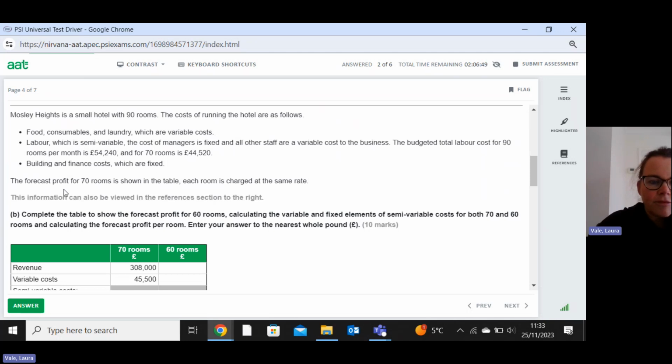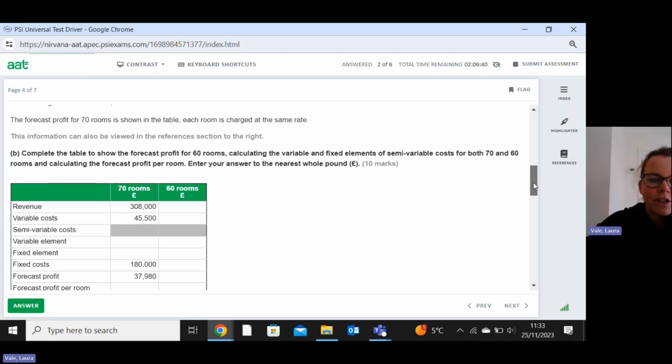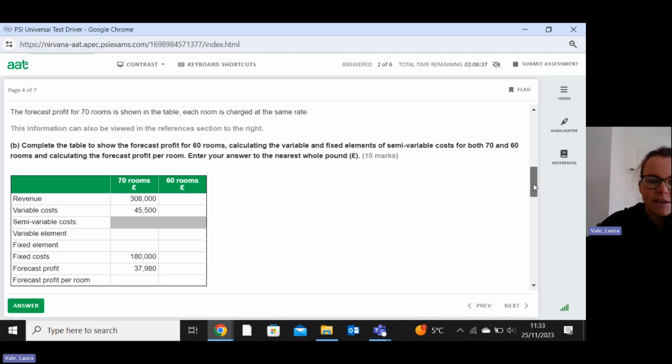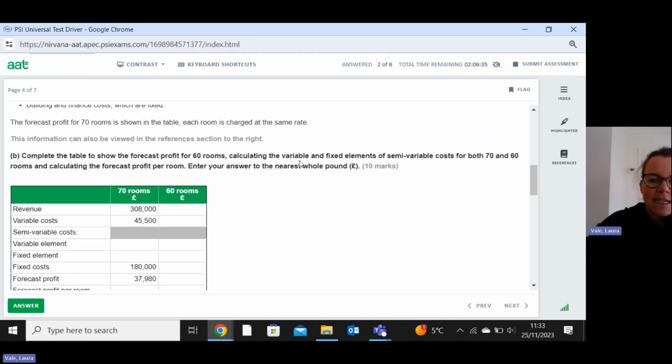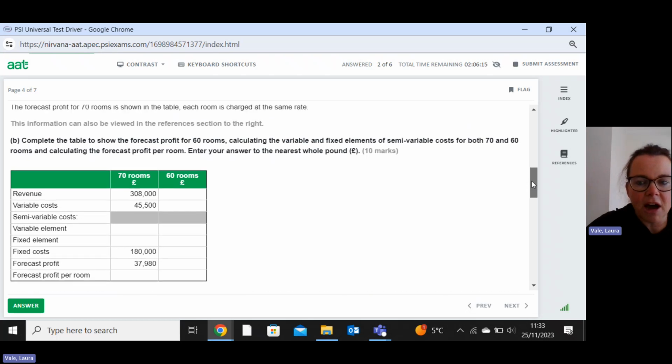The forecast profit for 70 rooms is shown in the table, and each room is charged at the same rate. We have to complete the table to show the forecast profit for 60 rooms, calculating the variable and fixed elements of semi-variable costs for both 70 and 60 rooms, and calculating the forecast profit per room, entering answers to the nearest whole pound. Right, so let's start with the high-low.